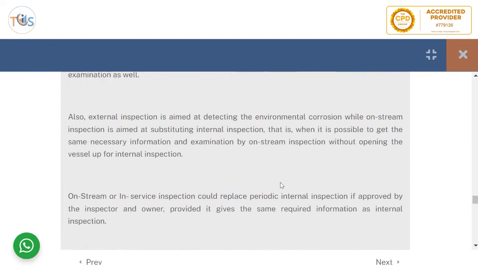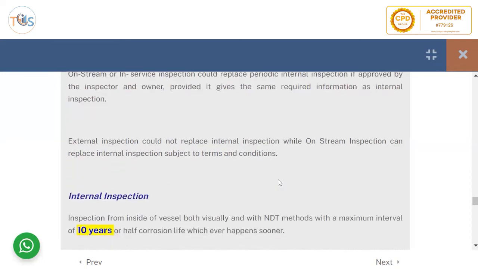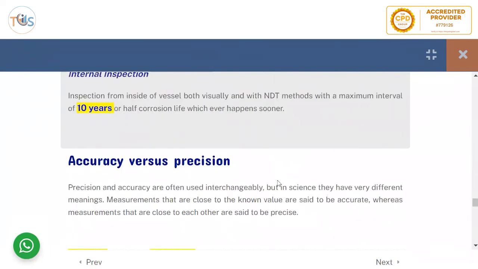The external is mostly aimed at detecting environmental corrosion, while on-stream is aimed at substituting for internal inspection where it's possible to get the same amount of information to determine the inspection interval and the corrosion rate. So under certain circumstances it could replace internal inspection. For internal inspection, the maximum interval is 10 years.